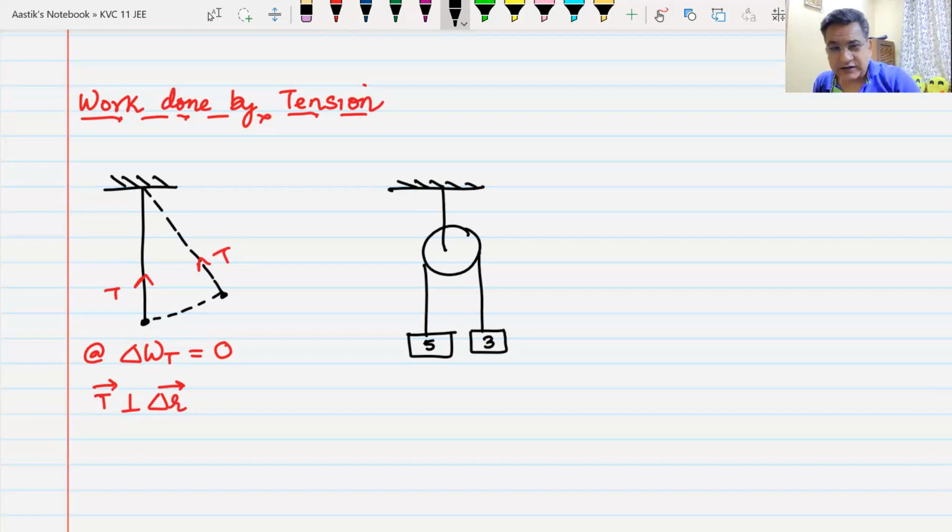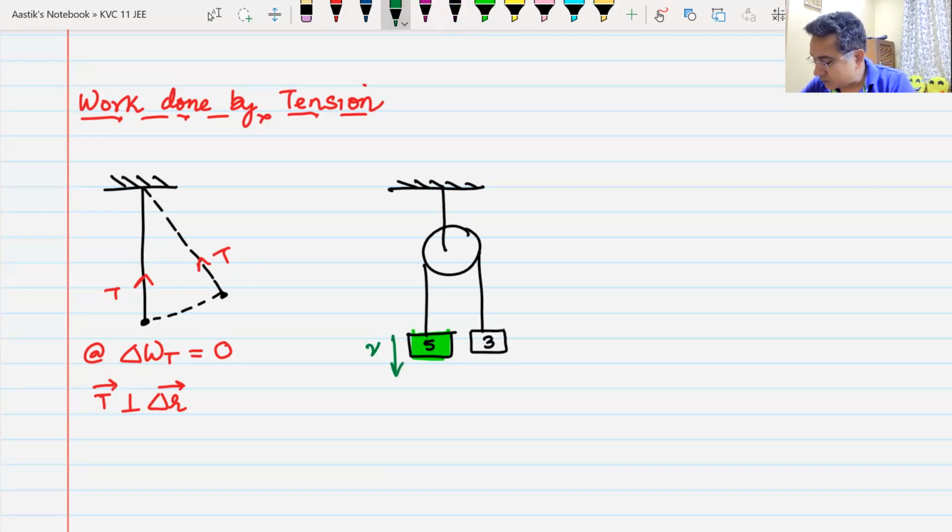This might remind you of something that we had done some 15-20 days back. How does this 5 kg green body move? Downward. Great. This body moves downward.